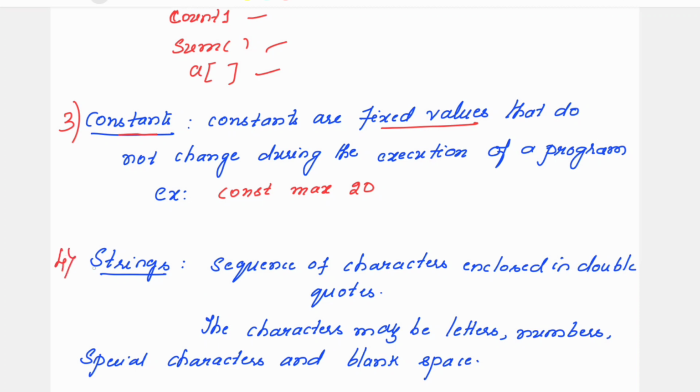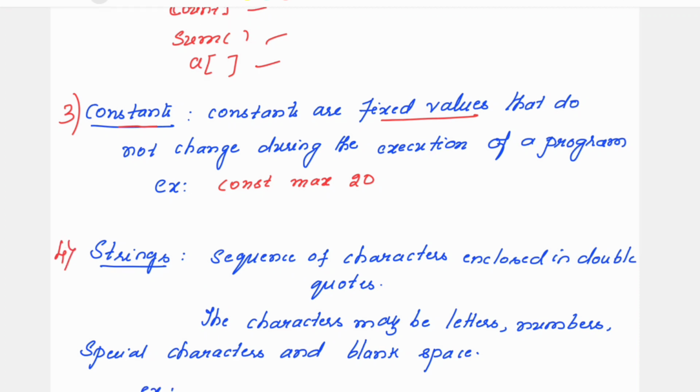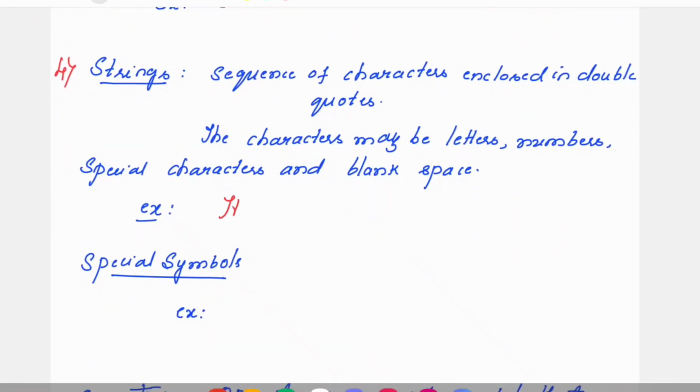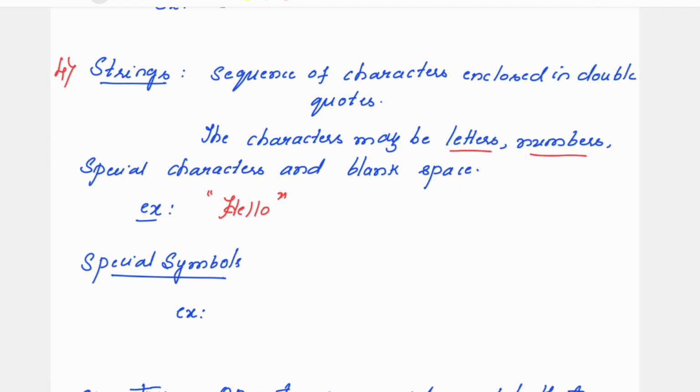Then the fourth type of C token is strings, which consist of a sequence of characters enclosed in double quotes. Suppose if you have a string hello here, then whatever this particular string sequence of characters, when it gets enclosed in double quotes, it becomes a string. And the characters which you can use to form strings: letters can be used, numbers can be used, special characters can be used, and even blank space can be used.